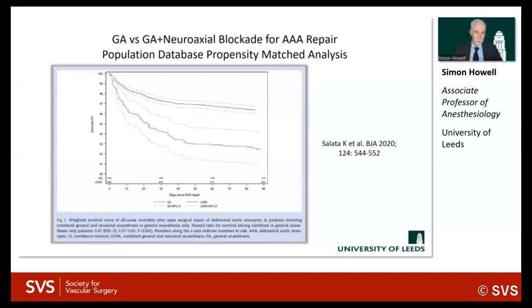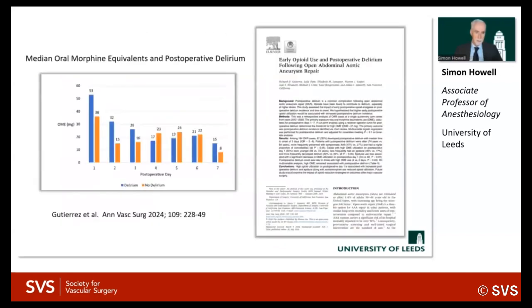However, I think what is enshrined in ERAS and is true for aortic and other types of complex surgery is that a multimodal analgesia strategy, reducing the doses of opiates given to patients, has the potential to significantly improve outcome.